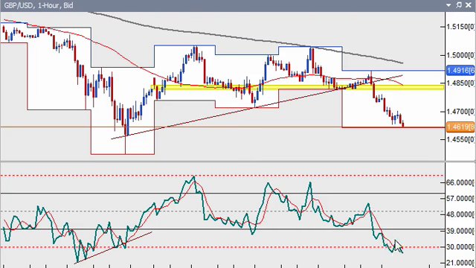You see this attempt failed and came right back down, so this is a continuation signal. Price action reflects that as the market continues to break below this minor low at 1.4620. This is a little bit above that, so it is creating a new low. So watch this pair as it attempts to create another low near 1.4445.